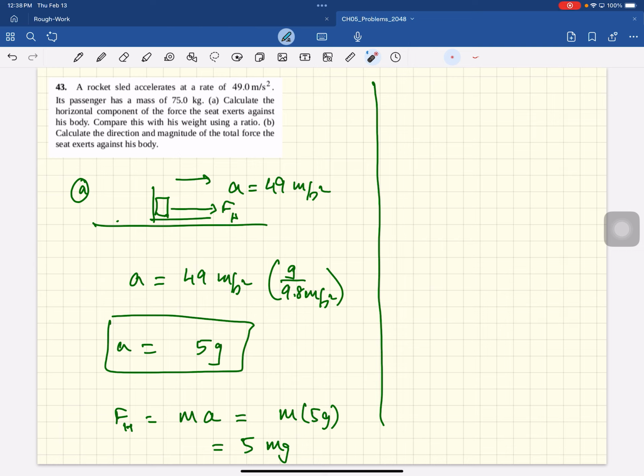Compare this with the weight ratio. Of course, the horizontal force divided by the weight is 5. So the horizontal force is 5 times the weight of the person, which is why we wrote the acceleration in terms of g.